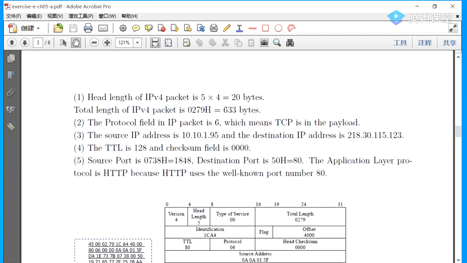And we look at the answer. Protocol field in the IP packet is 6, which means TCP is in the payload. Right?